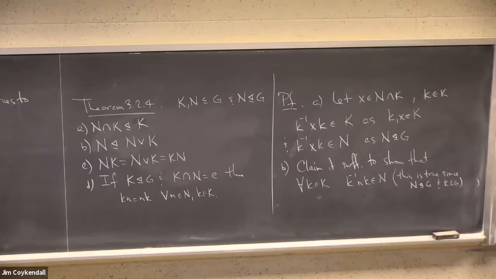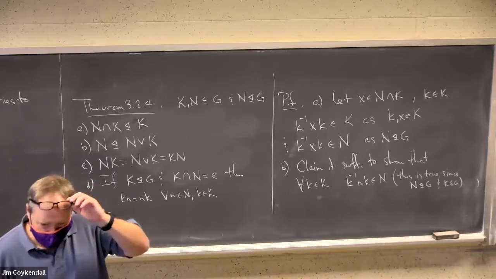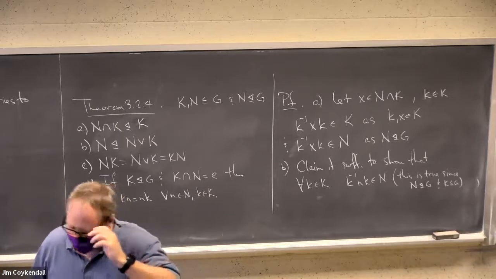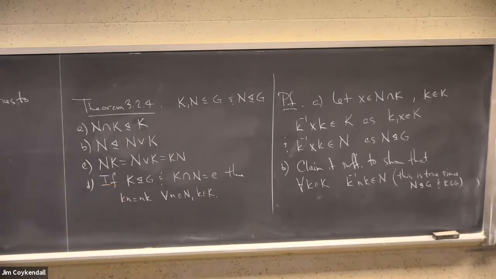So take a pair of elements in here, n1 k1 and n2 k2, and I want to show that the product is in there. Let's see which one's normal.